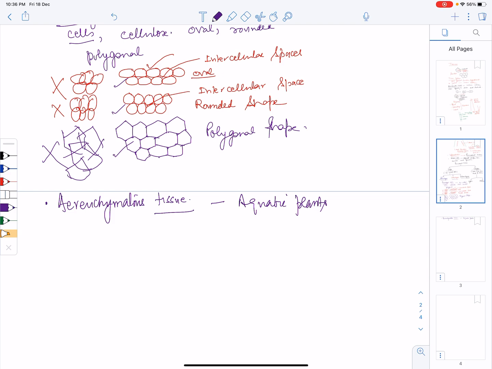Now, if we draw this parenchyma, it will enclose air spaces. First, we'll make the outline, then we will draw the parenchyma cells.